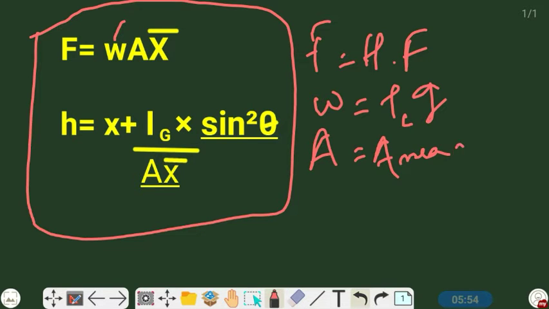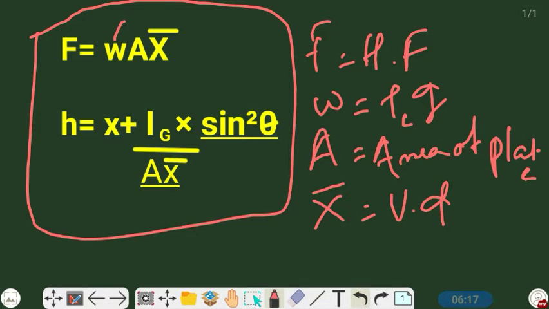These formulas are valid for any shape of plate; it need not be rectangular. What is X bar? X bar is very important: it is the vertical distance of the center of gravity from the free surface. And what is H?